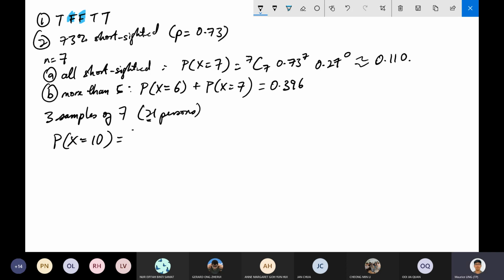It's not 7 persons anymore. So it's 21 C 10. The probability remains the same, 0.73 to the power of 10 and 0.27 to the power of 11. So you end up with about 0.00843. Okay, all of you got these three answers right?